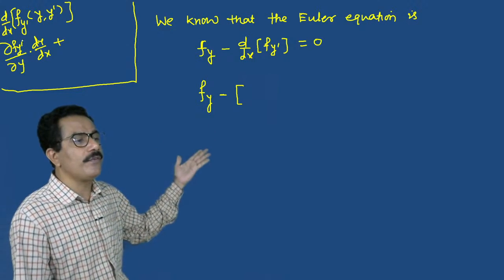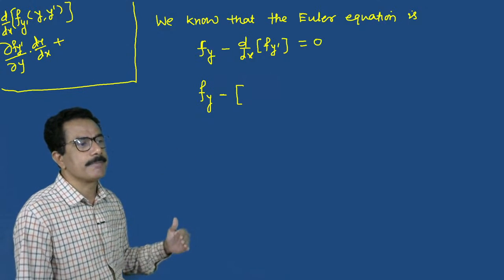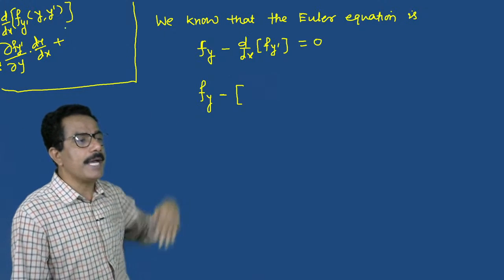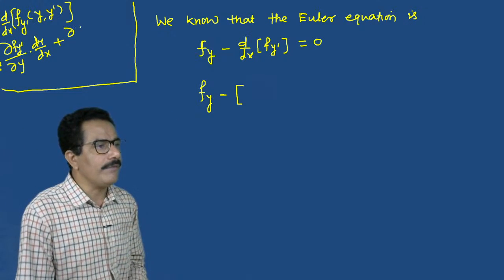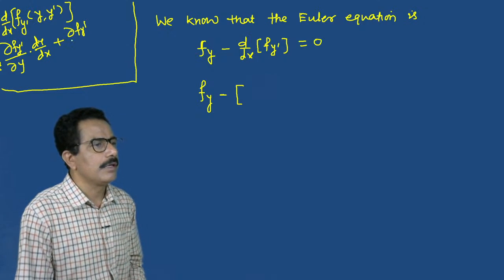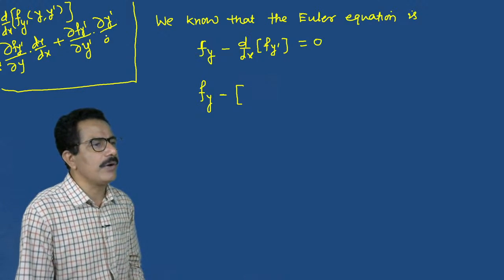So dou F y dash by dou y into dy by dx, if we differentiate this with respect to x, plus dou F y dash by dou y dash into dou y dash by dou x.